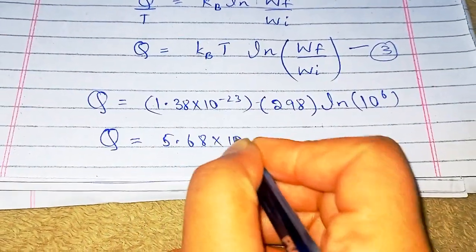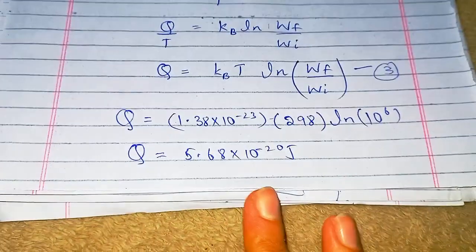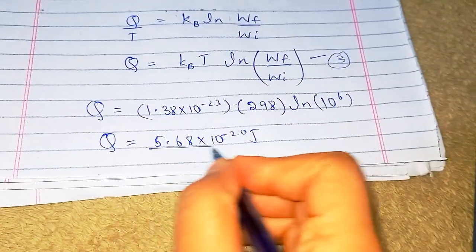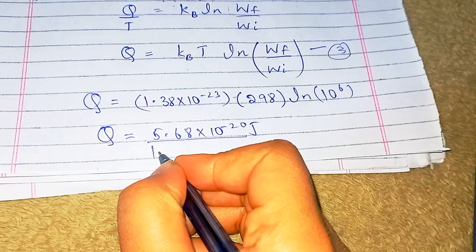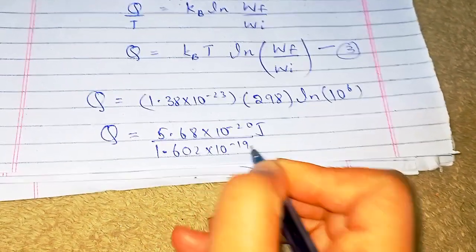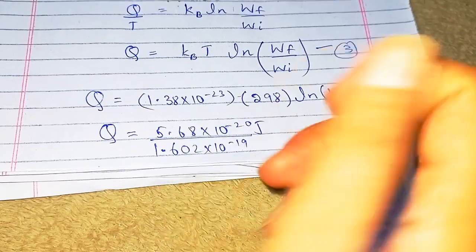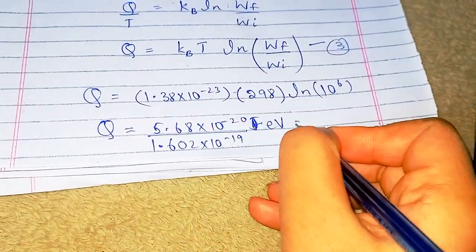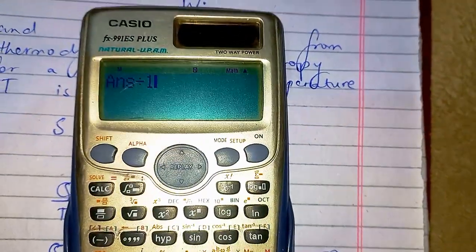5.68 multiplied by 10 to the power minus 20 joule, and we want to convert it into electron volts. For that purpose, we divide it by the charge on the electron, which is 1.602 multiplied by 10 to the power minus 19. Doing so converts this into electron volts. Let's see what result we will get.